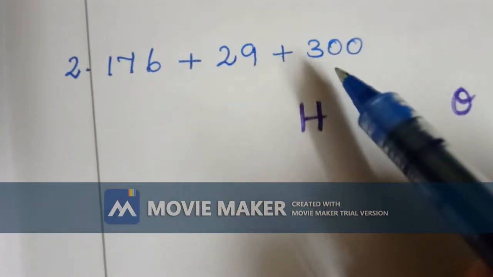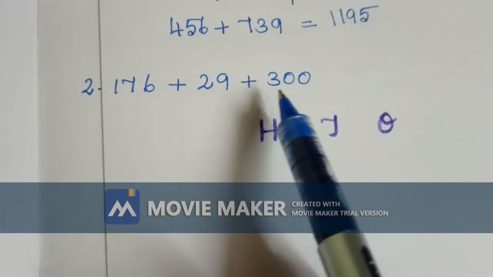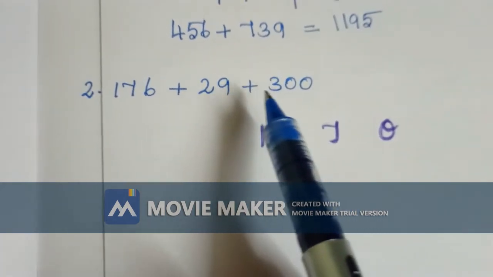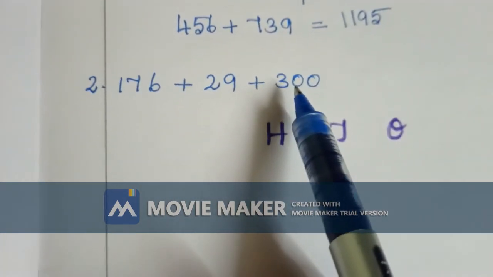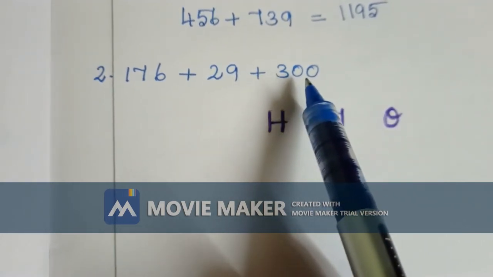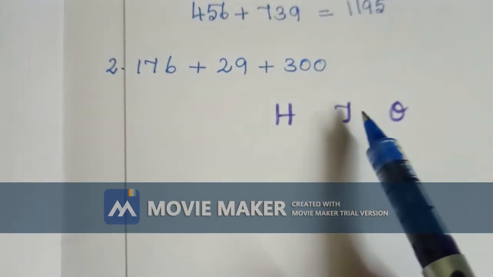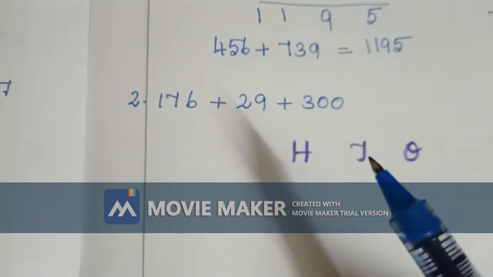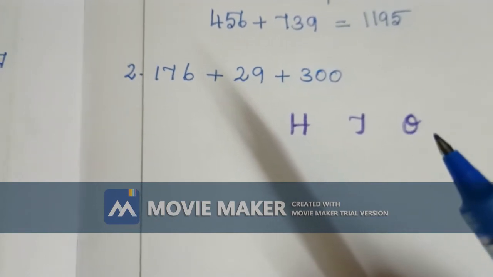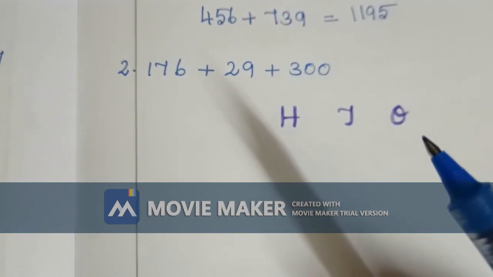176 plus 29 plus 300. Children, among these three numbers, the biggest ones are 3-digit numbers, so the place values are ones, tens and hundreds. The next step is to write the numbers one below the other as per their place values.